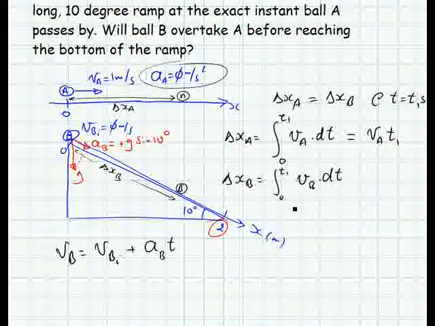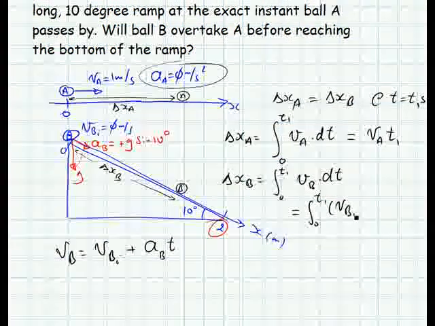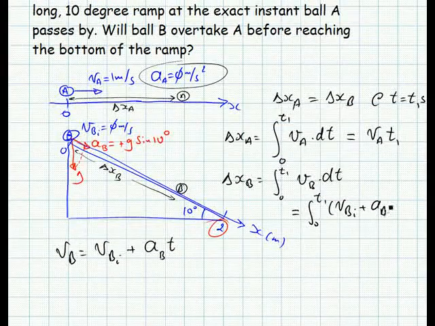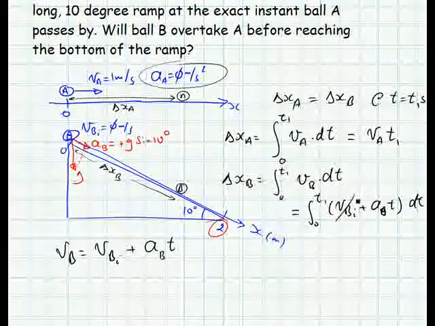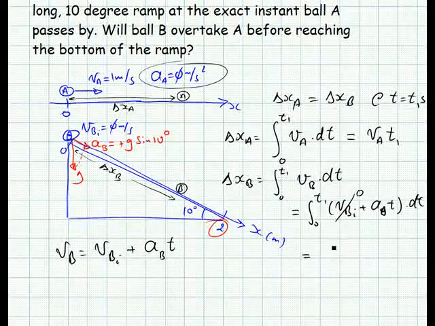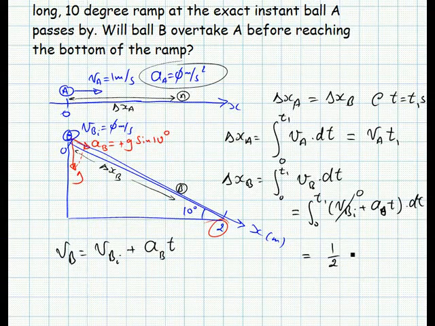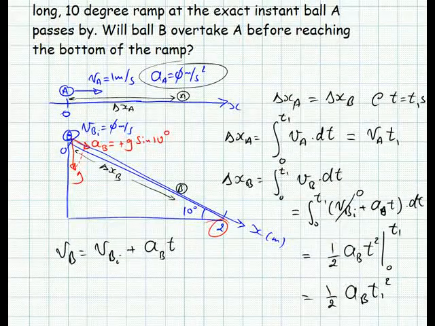So this integral becomes 0 to t1 of velocity B initial plus AB t dt. VB initial is 0, so you can forget about that. So this simply becomes 1/2 of acceleration B t squared evaluated between 0 and t1, which is 1/2 of AB t1 squared.